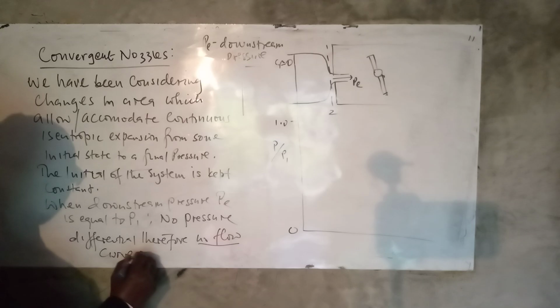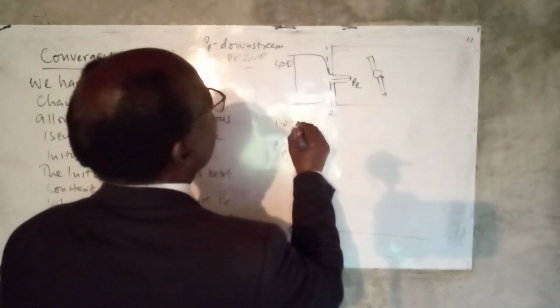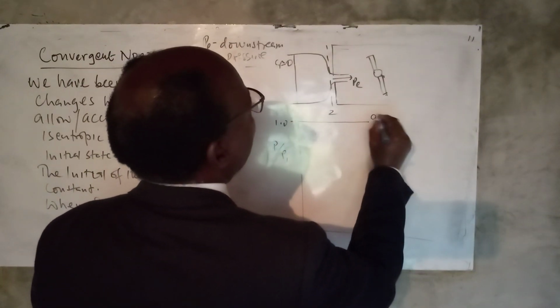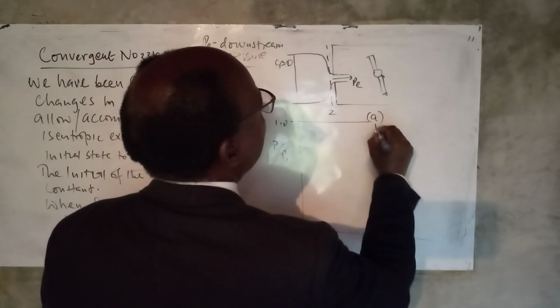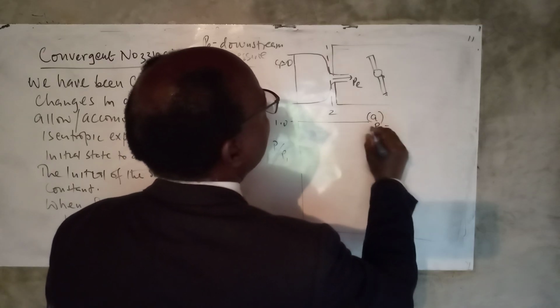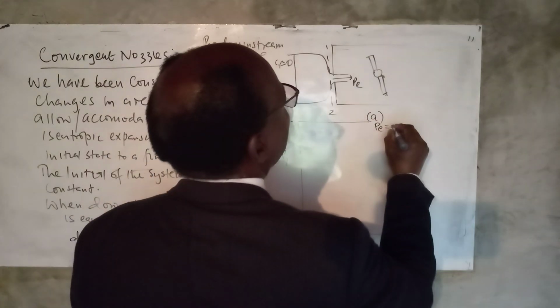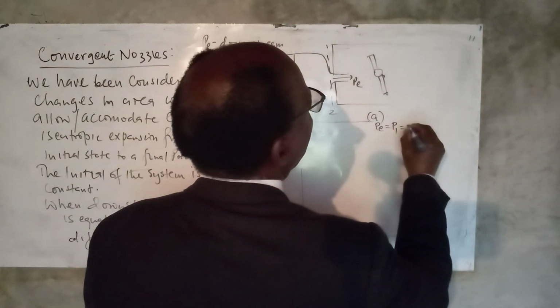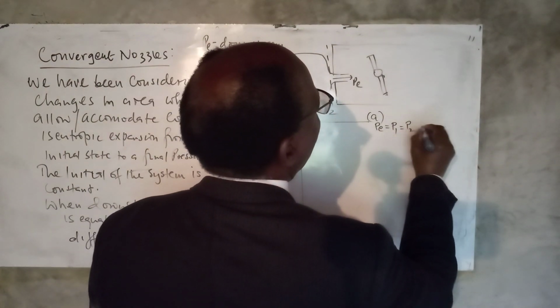Let's call that curve A. There's no flow. This is curve A. Here, PE is equal to P1, and that is equal to P2.